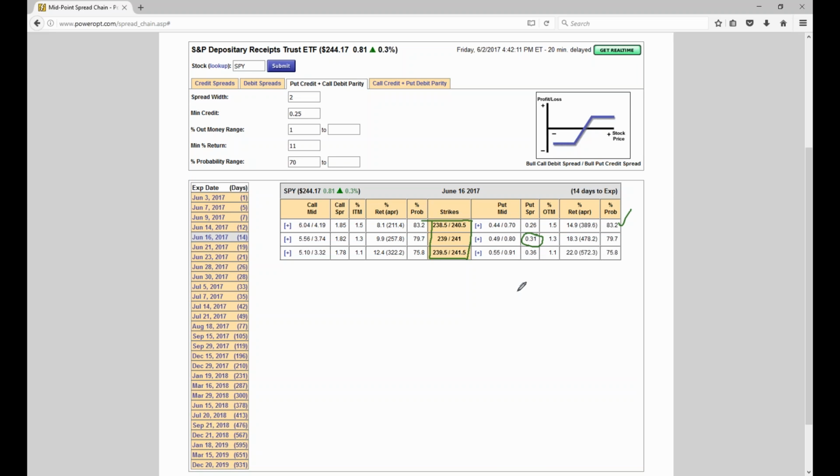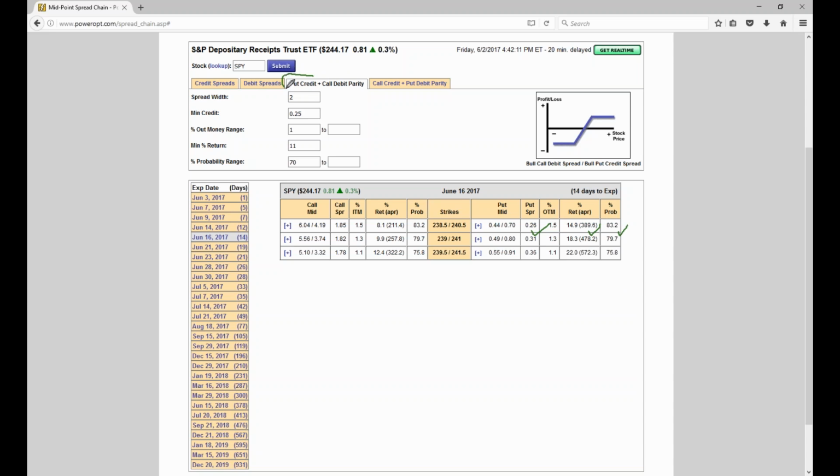We're about 0.5% out of the money. We want a little bit more cushion. We're not seeing the positions that have that 90 or 95% probability because we had a requirement of a 25-cent net credit. Those spreads with a higher probability exist, but they didn't match our other criteria. So we've narrowed it down to just the 3 or 4 bull put spreads that have the credit that we want, the return that we want, and the probability range out of the money.